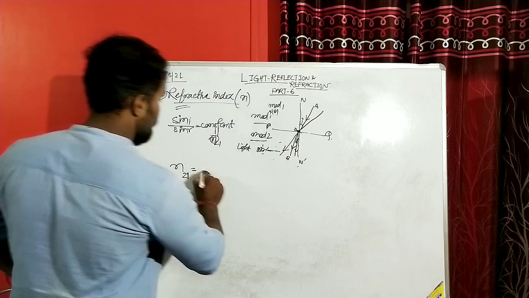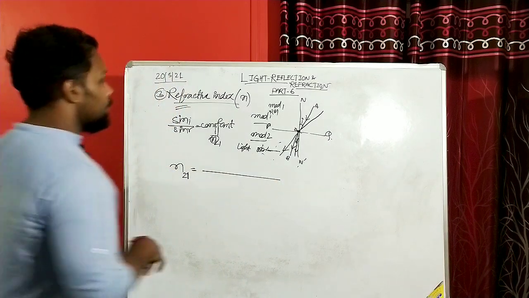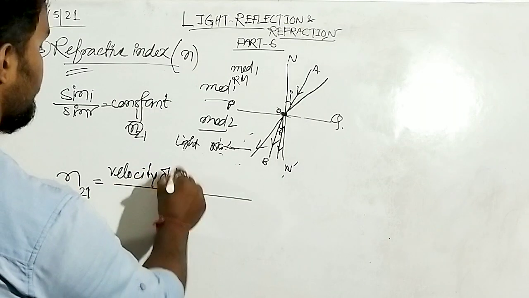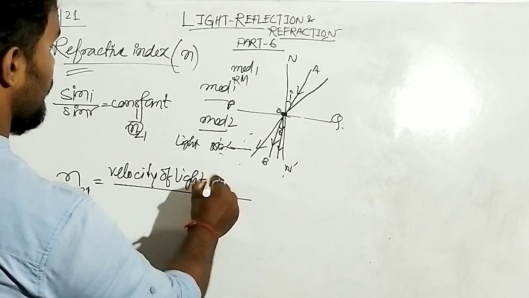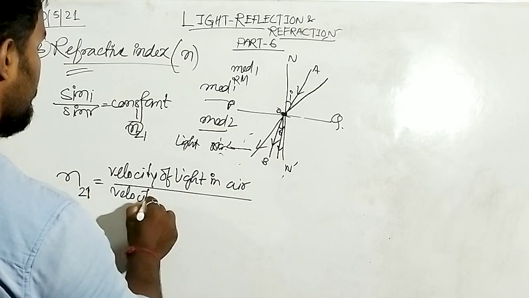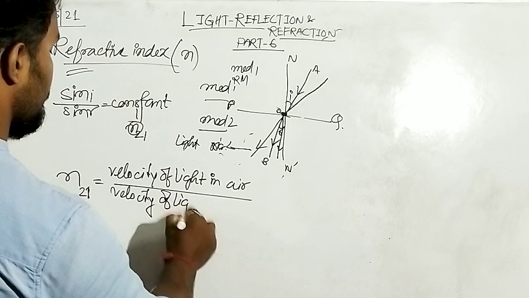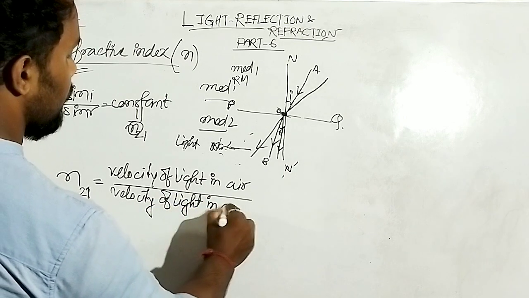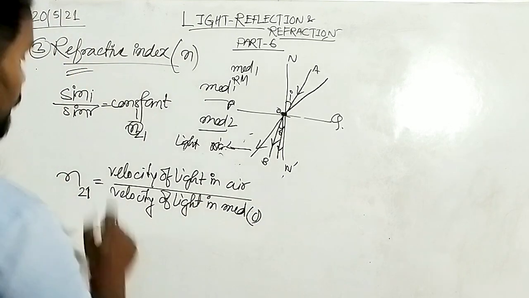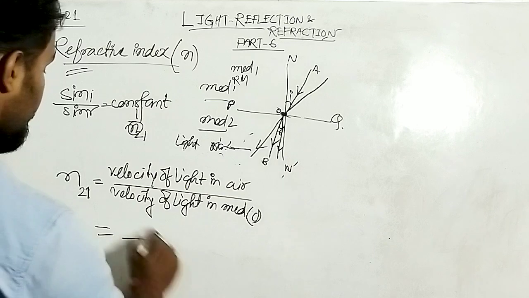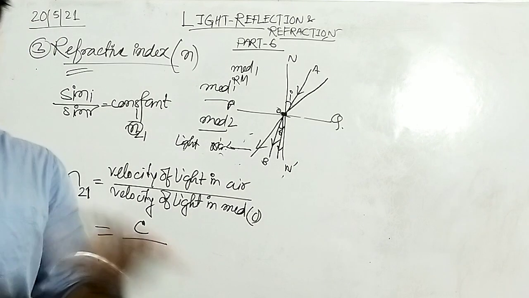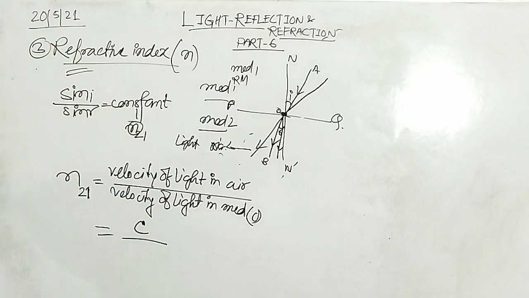If we calculate the refractive index as velocity of light in air by velocity of light in the other medium, right? The velocity of light in air is always represented by C. And what does C actually mean? C means constant. Okay, you may ask, so why is the velocity of light in air always represented by C?